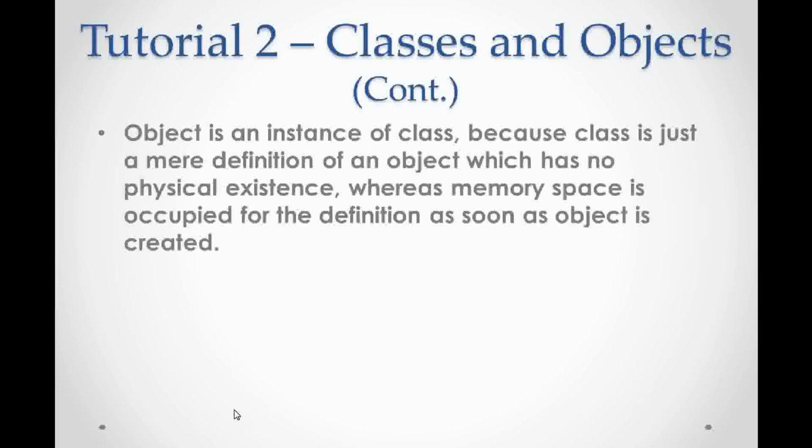But as soon as you create an object of the class, some space in memory is taken for all those data members. For example, all human beings are physically existing, and hence we can touch and we can feel any one of us. But the definition of human being, that is the human class, cannot be touched. You cannot touch the definition of the human class. Whenever you are touching your friend or anyone else, you are actually touching an object of the human class. So an object has physical existence, classes don't have that, and hence an object is nothing but an instance of a class.